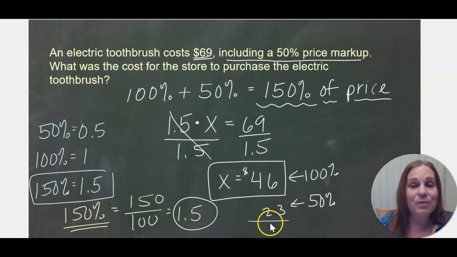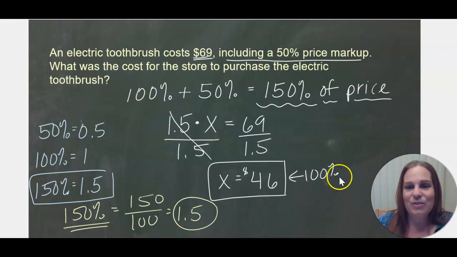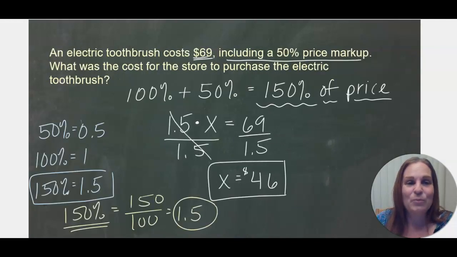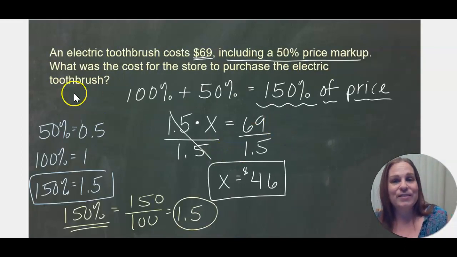And when you add those together, it does equal 69. You don't have to do that check, but it does check out. Oh, so the final answer would be $46. Okay.